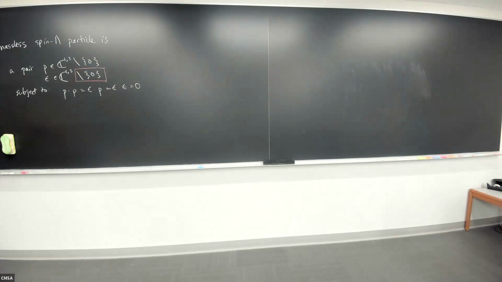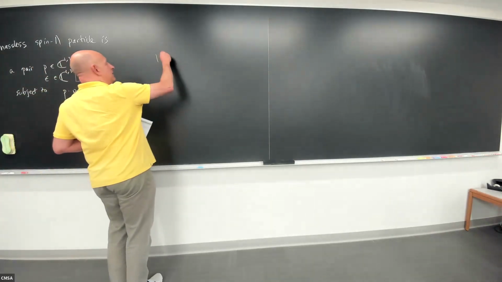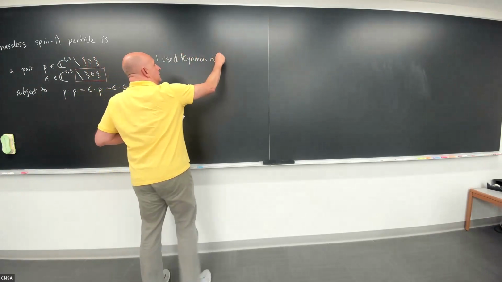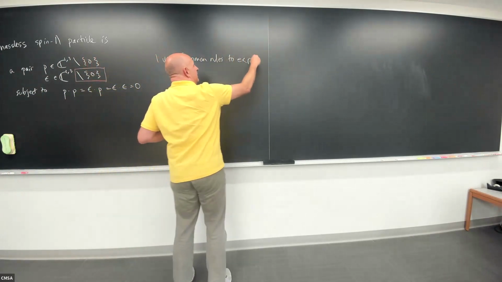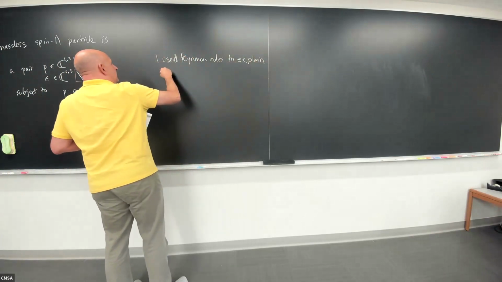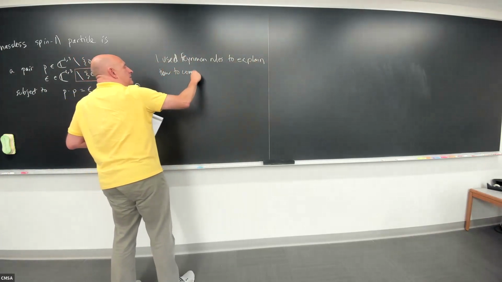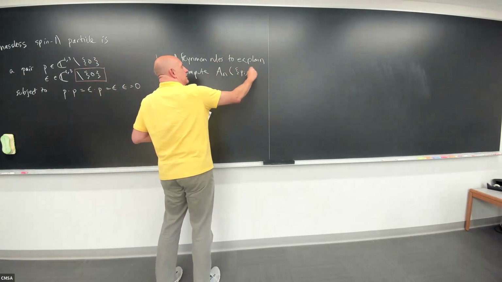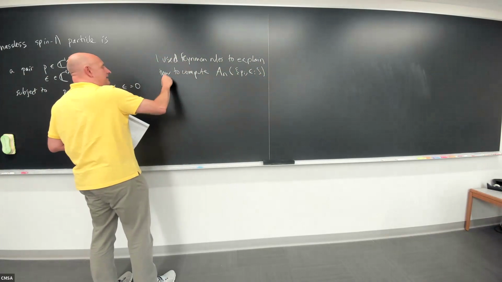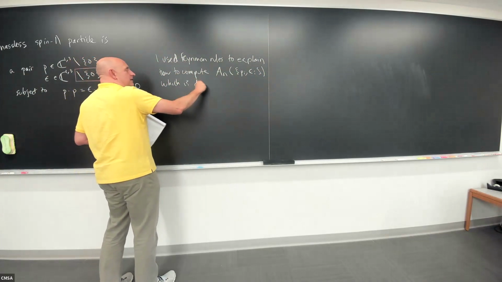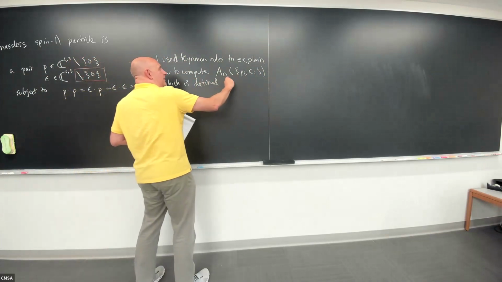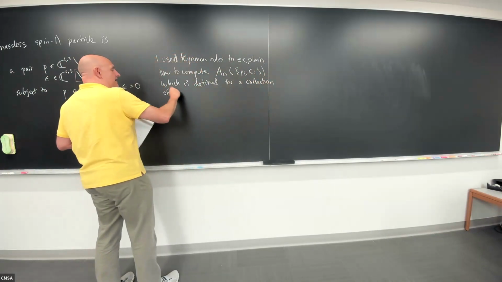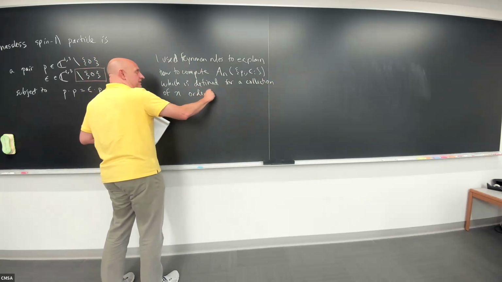Then I used Feynman rules to explain how to compute the n particle amplitude, which is defined for a collection of n ordered particles.